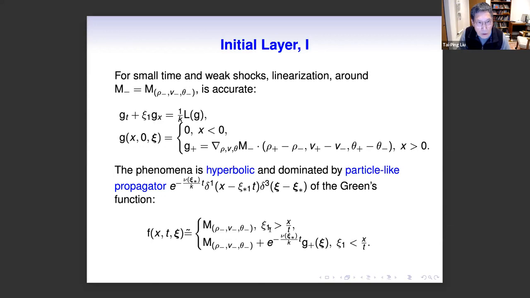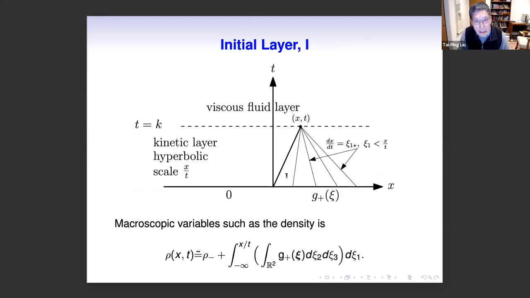And you do the computation, you see that this is true for C1 greater than x over t. And for C1 less than x over t, then you've got this propagation of this left state here. Here's the diagram.